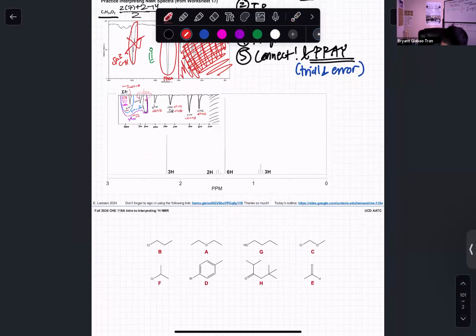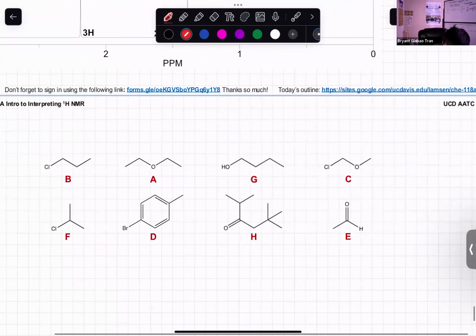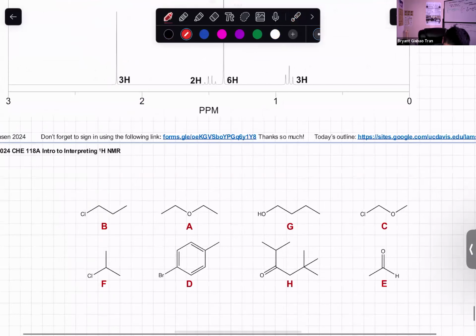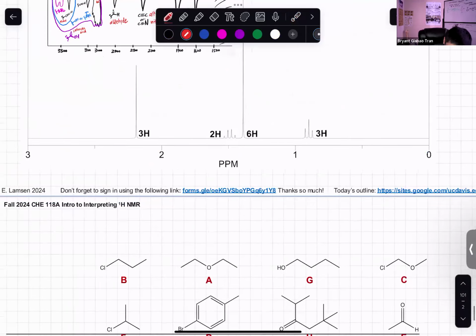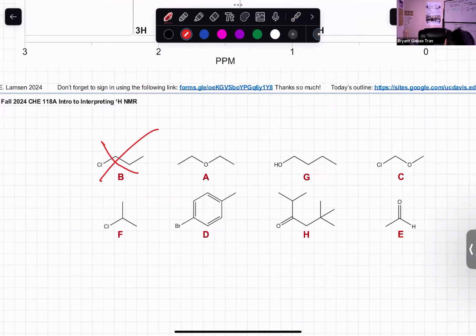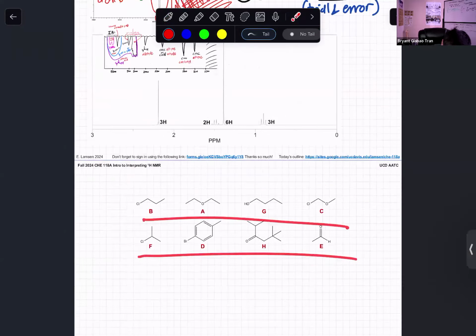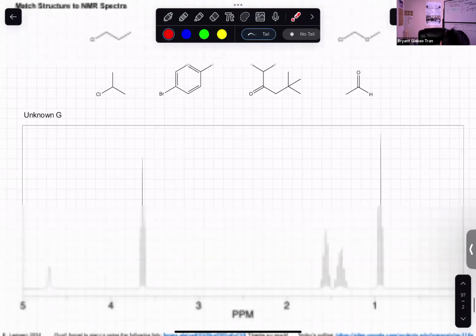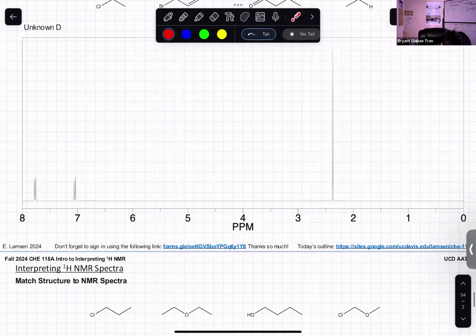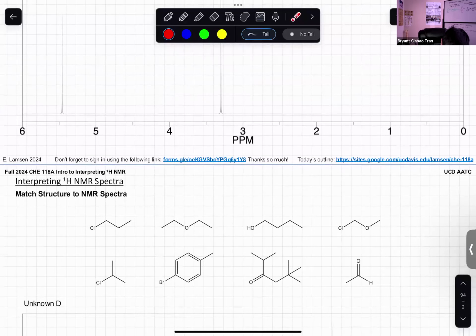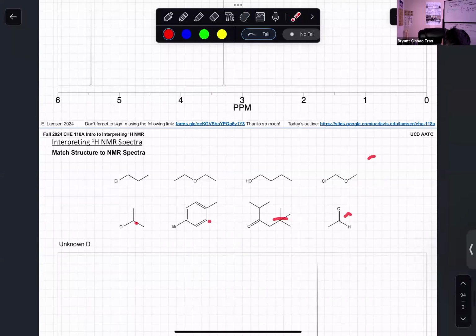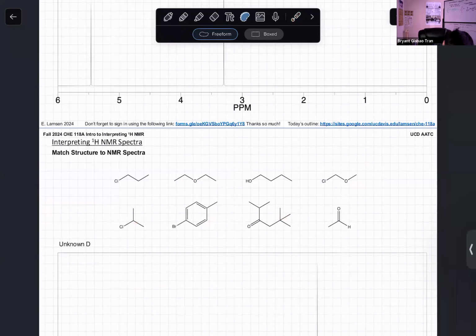If these are the options that you are going to choose, we could do process of elimination, where we know that there's a carbonyl, so we could get rid of B. Let me read the beginning here. Oh, it's here. They give us 8 different IRs, and they want us to match the structures with the IR.